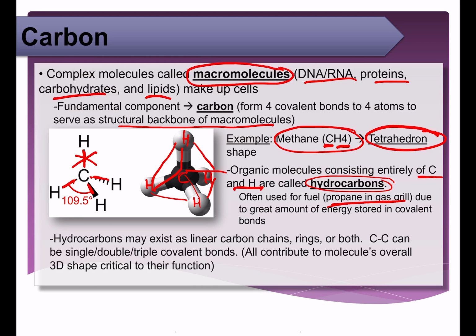Now, hydrocarbons can exist in different 3-dimensional geometric shapes, and one that we have just introduced for methane is the tetrahedron, or they can be linear carbon chains or carbon rings, or both of them can exist. And the carbon-carbon bond can be a single, double, or even triple covalent bond. We're talking about C single bond C, C double bond C, or C triple bond C, in these types of molecules.